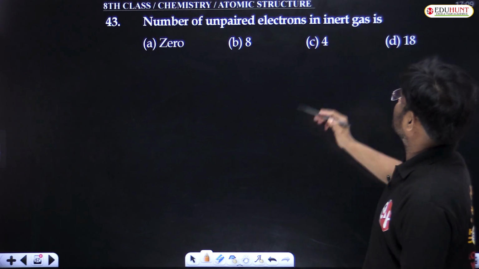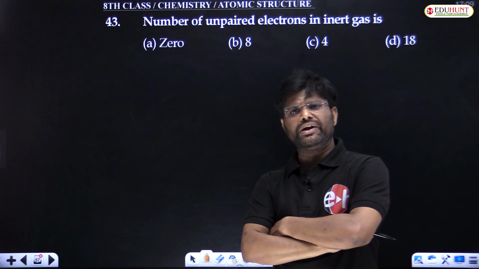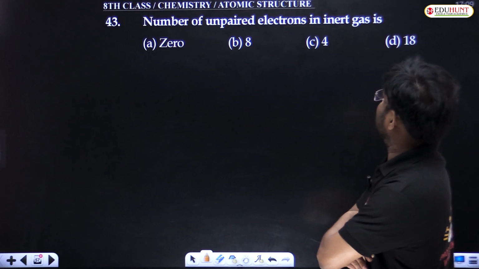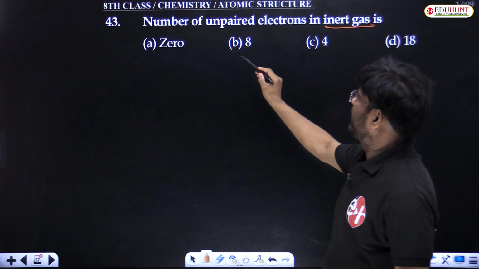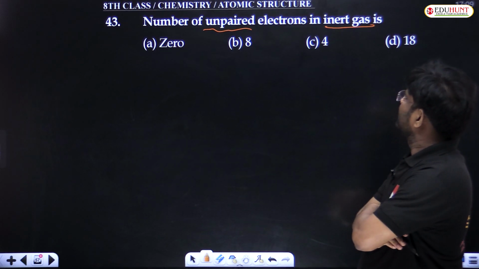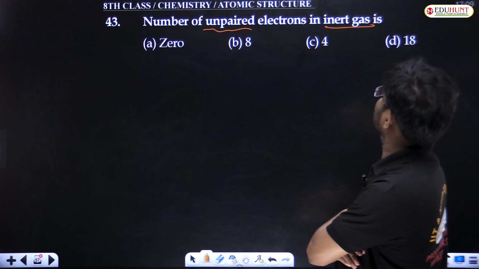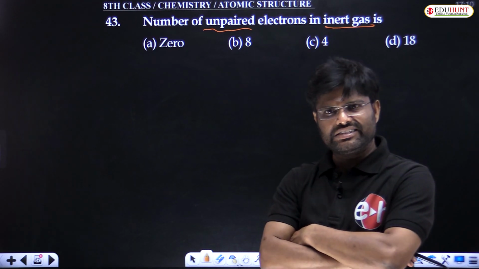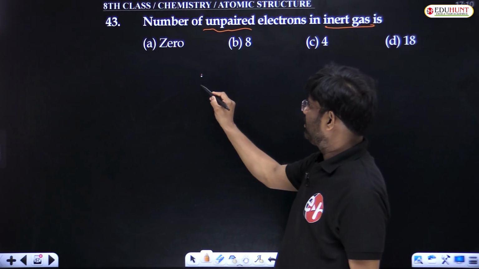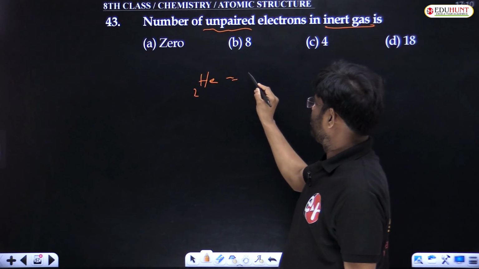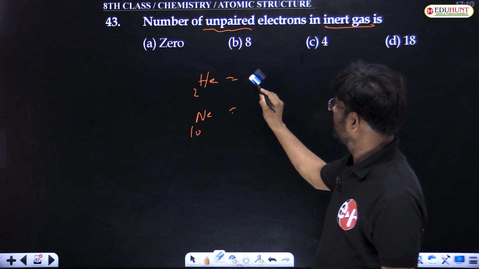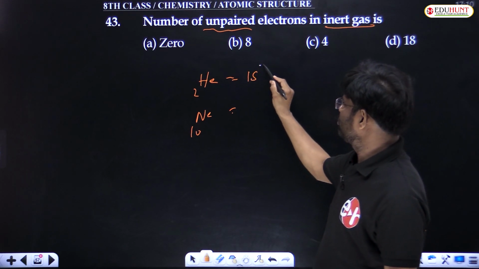The number of unpaired electrons in an inert gas. Helium is an inert gas, but unpaired electrons are asked. Is any inert gas having unpaired electrons? No, all are completely filled. Helium, atomic number 2, is 1s2.